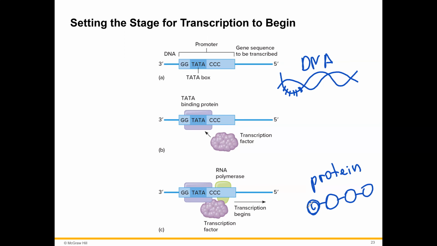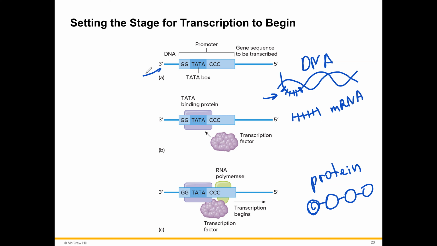We have 20 different amino acids, so we don't know which one we need to attach in what order. We need instructions. The instructions are right here in this piece of DNA that we call a gene. It codes for this particular protein. So first, we need to make a copy of this gene, called messenger RNA, right?